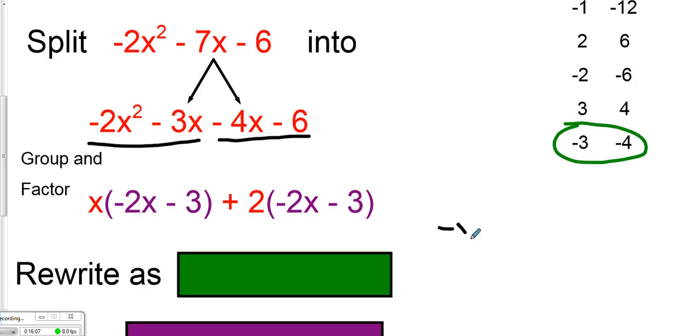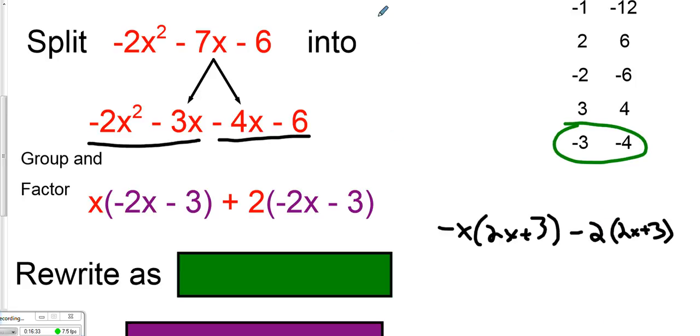I would have negative x times 2x plus 3, which means my other term over here should be 2x plus 3. If it was 2x plus 3, what could I take out of this to make it say that? I would have had to take out a negative 2.